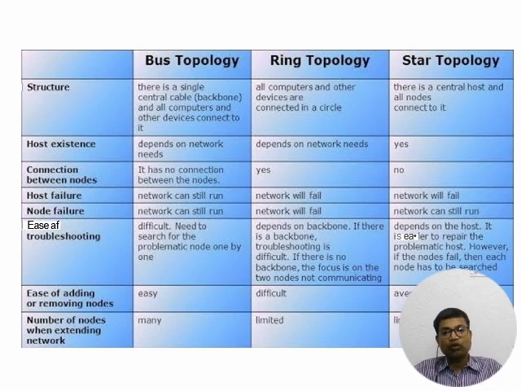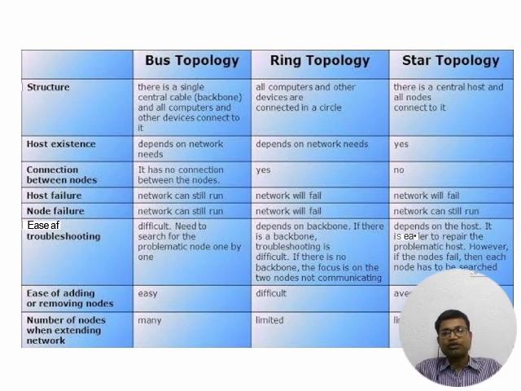Host existence depends on network needs, and in star topology, host existence is yes. As for connection between nodes, in bus topology there is no direct connection between the nodes, because all the nodes are connected to a single common bus.